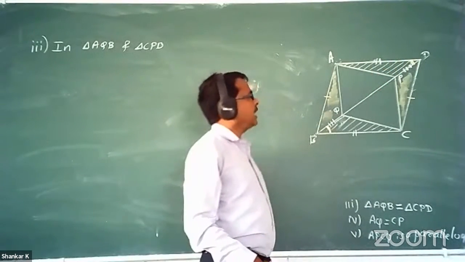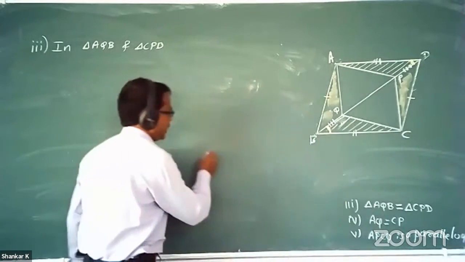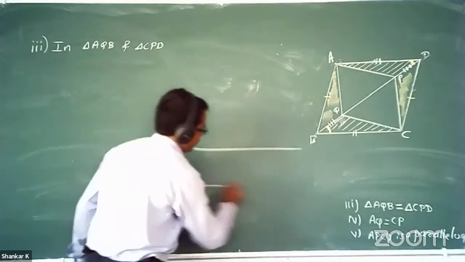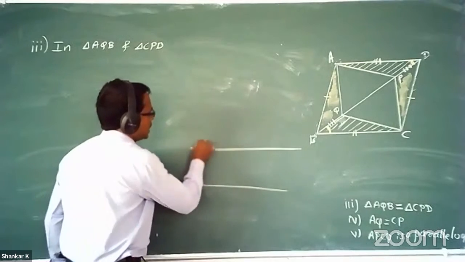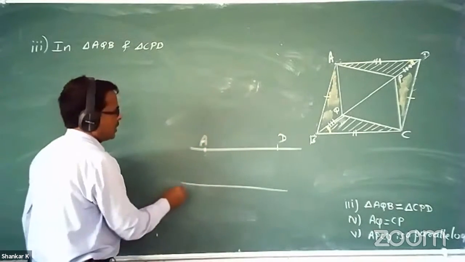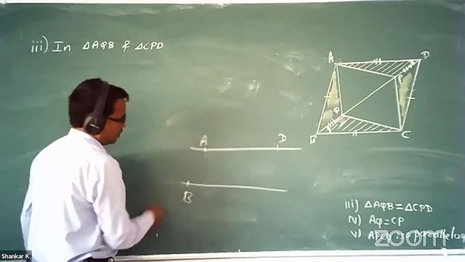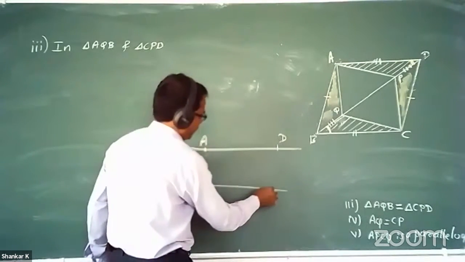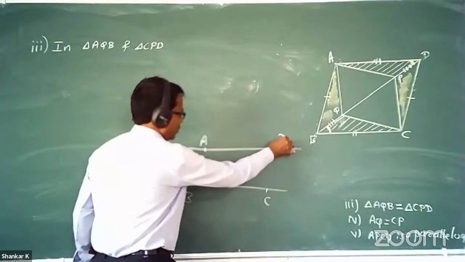One more point we need. What is that one more point? I'll draw the diagram and show. So let us say A is here, B is here, then C is here.